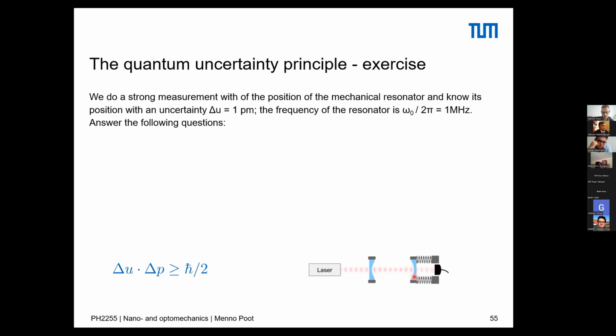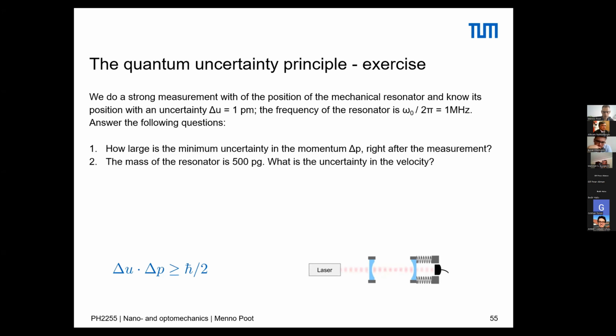And then the resonance frequency of this device is assumed to be 1 megahertz, and we have to answer the following questions. Well, how large is the minimum uncertainty in the momentum right after doing the measurement? The second question is, if the mass of this resonator is 500 picogram, what is going to be the uncertainty in the velocity?